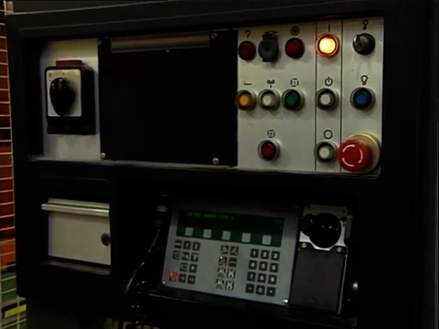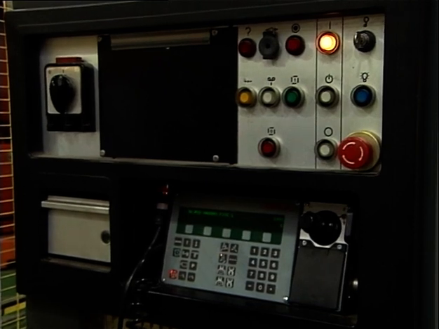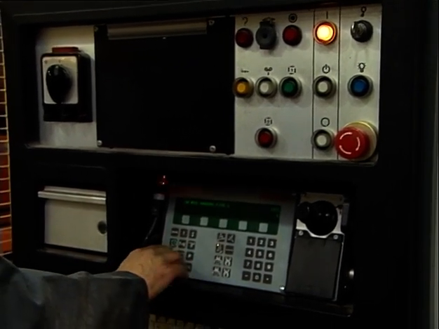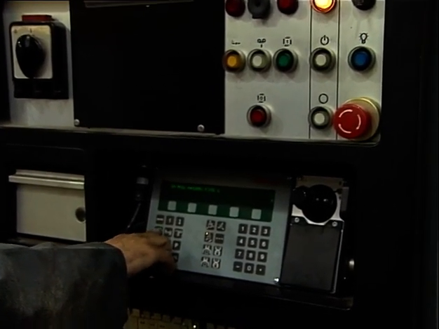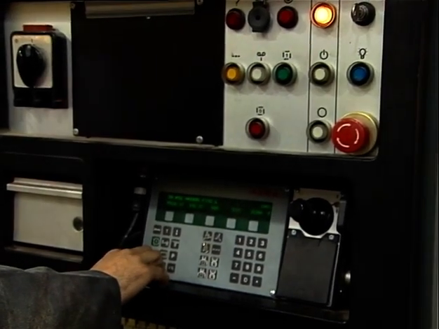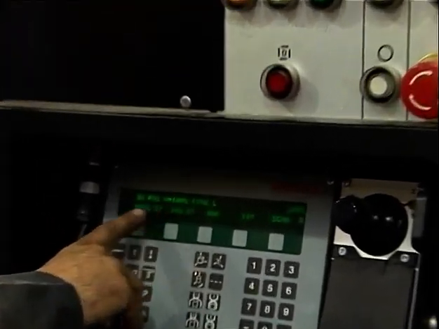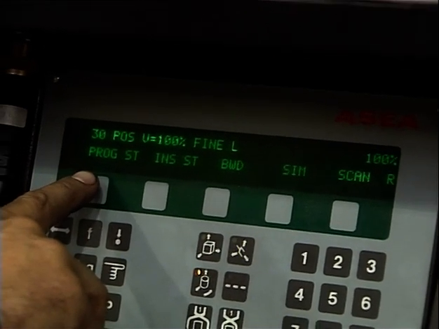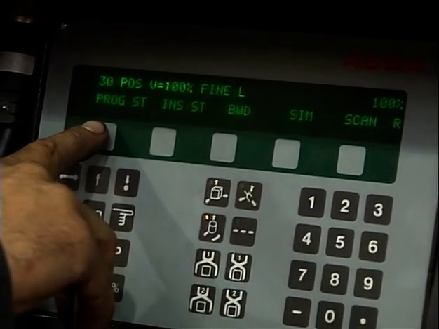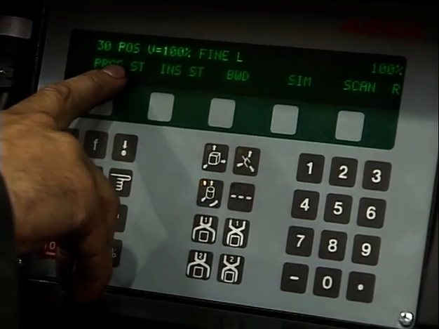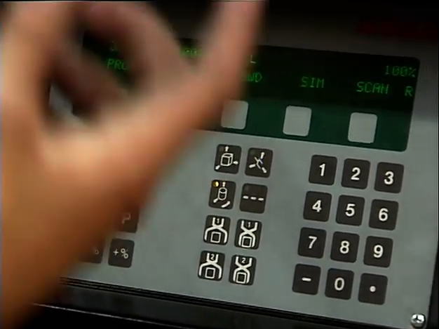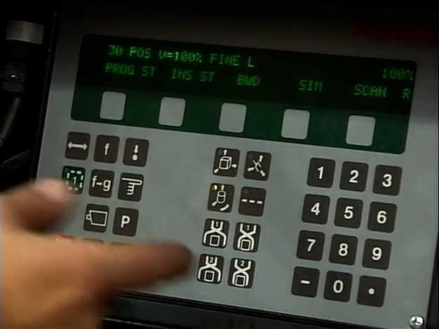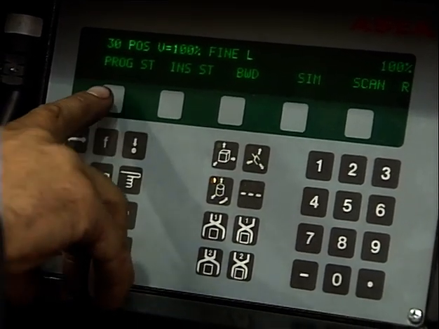And to start the robot in a normal way again, we push on the 1 button. And you see you have again instruction step, program step, but because we have taken away the problem, we can start again the program by pushing program start, and with this button he is continuing in normal operation. Therefore you push here.